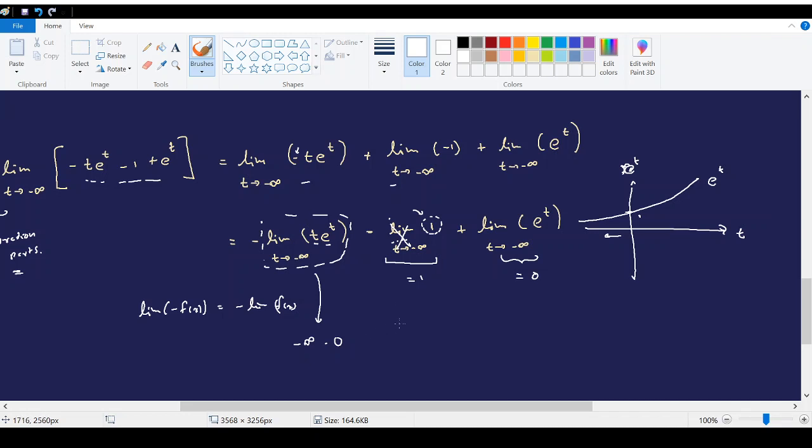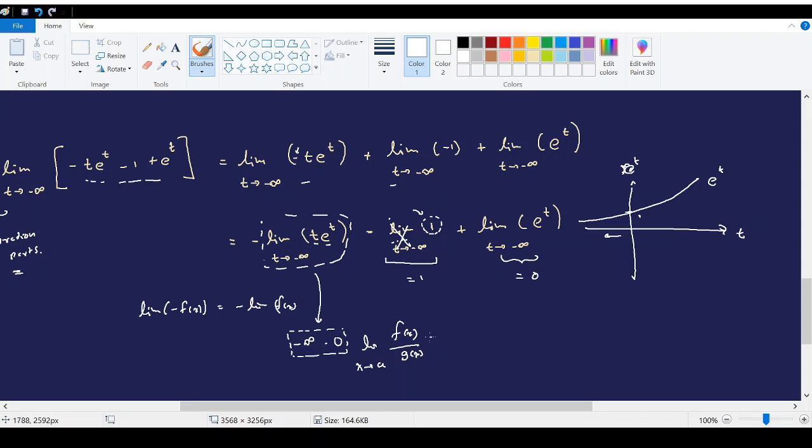Remember in calculus 1 we did a thing called L'Hopital's rule, where if you have a rational function like this and you need to compute the limit, and when computing the limit you get things like this, these kinds of indeterminate situations, we can use L'Hopital's rule.